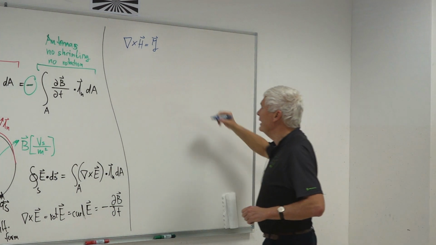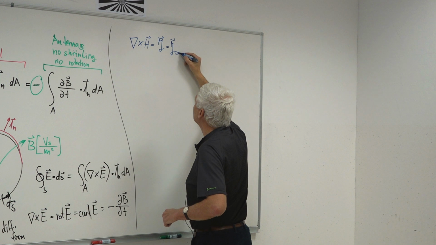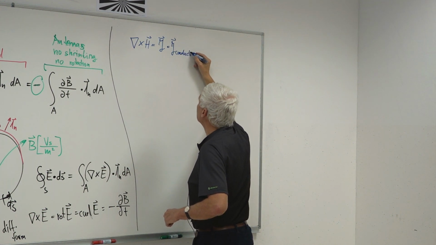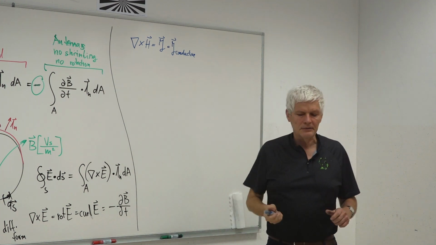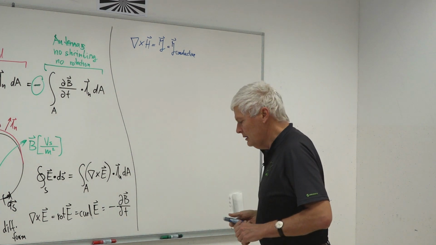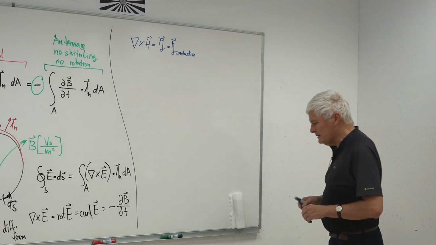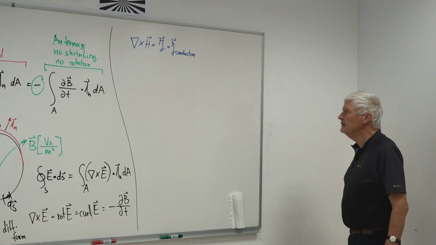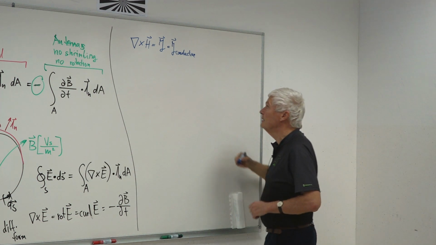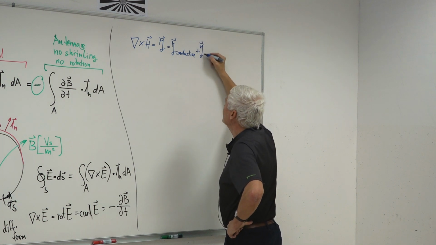This current is actually J conductive. Conductive current, we have conductive current in metals. So negative electrons are moved in a positive lattice. That's the reason why the total charge is 0, but we have some conductive current in metals. We may have convective currents in vacuum, like in a vacuum tube.